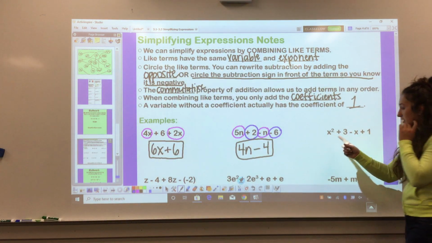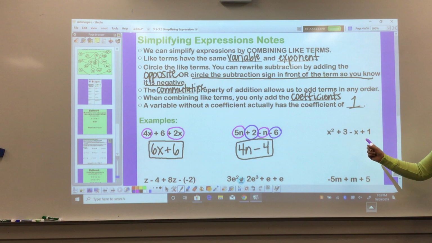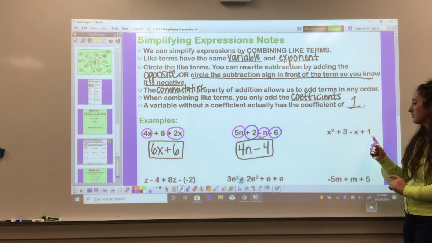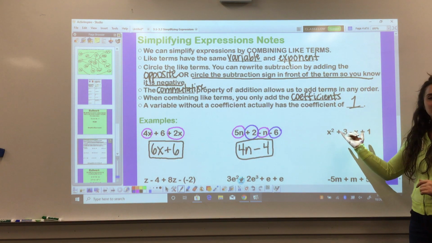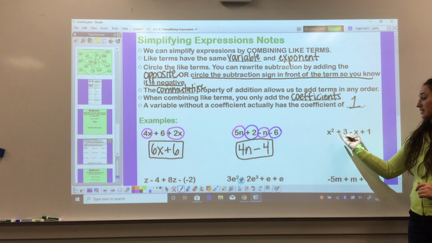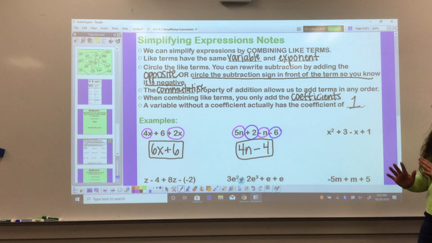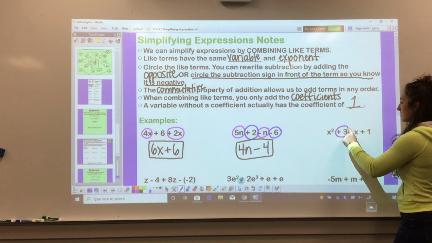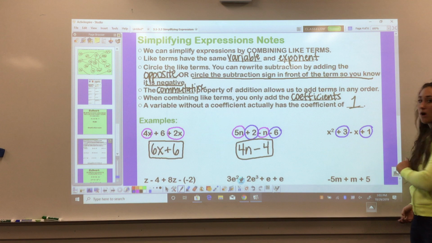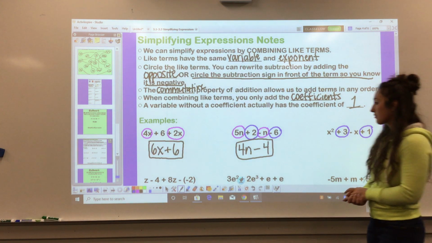We have x squared plus 3 minus x plus 1. I know you might be tempted to think that those are like terms, but one has an exponent and one doesn't, so those are not alike. The only like terms here are actually the plus 3 and the plus 1. Okay?